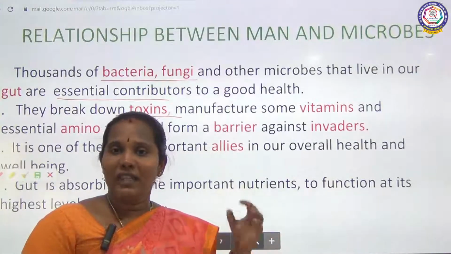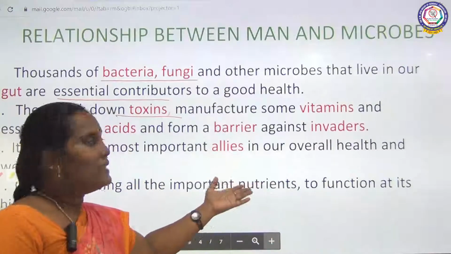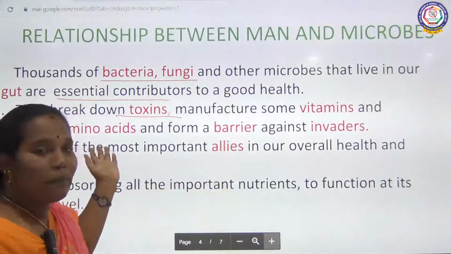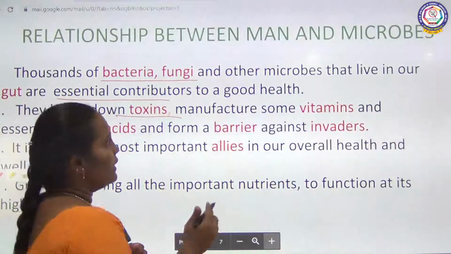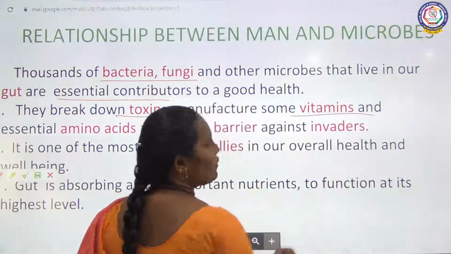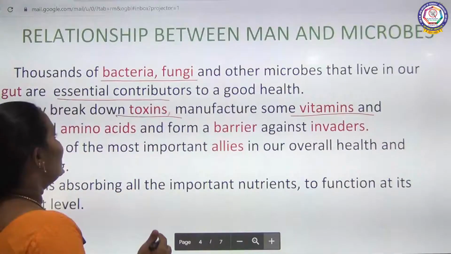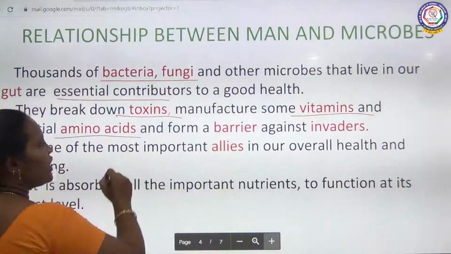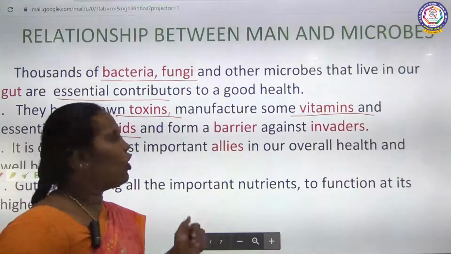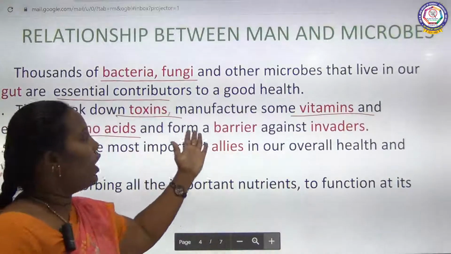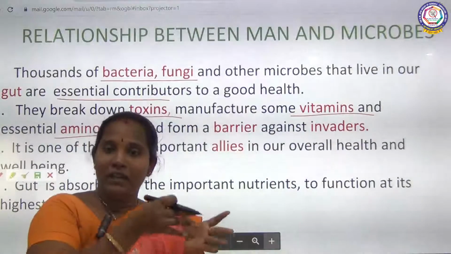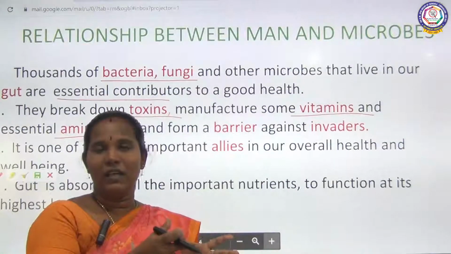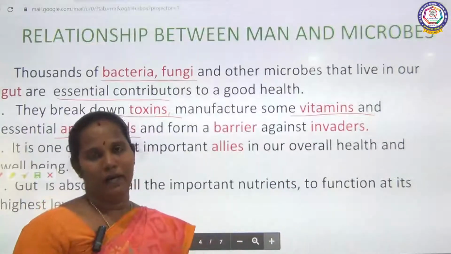After the digestion they give some vitamins and some important amino acids to our body. They manufacture vitamins as well as give the essential amino acids to our body, and they form a barrier against invaders. Barrier means they form a protection. They give an extra protection to our body.